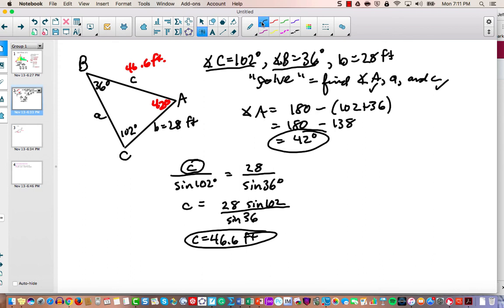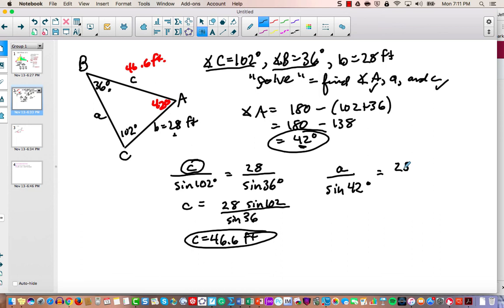So I'm going to stick with this 28 and sine of 36 combination. And this time to find a, I'm going to put little a over the sine of 42 degrees. There's no avoiding using 42, but that was exact because I didn't have to do any rounding. And I'm going to make that equal to 28 over the sine of 36.